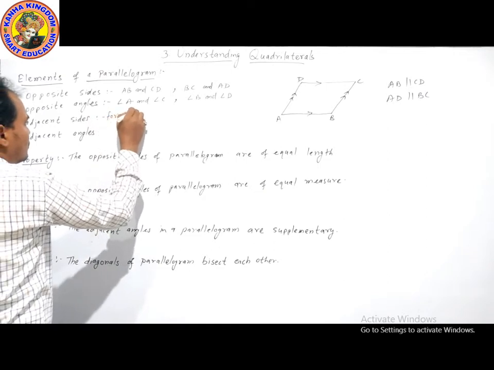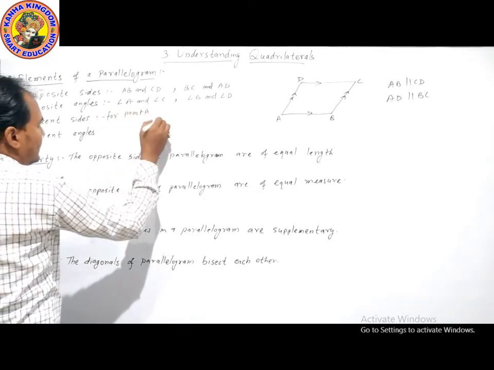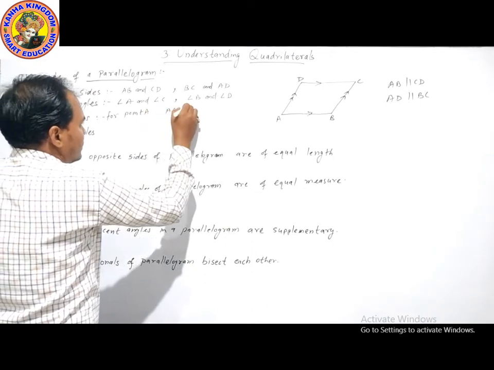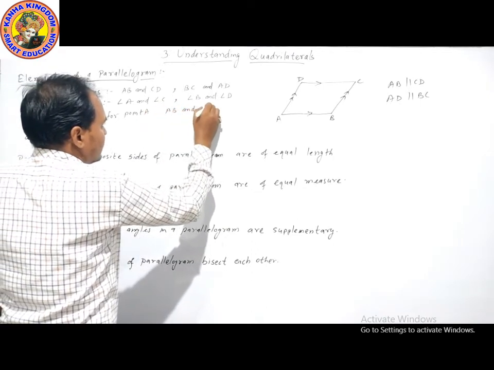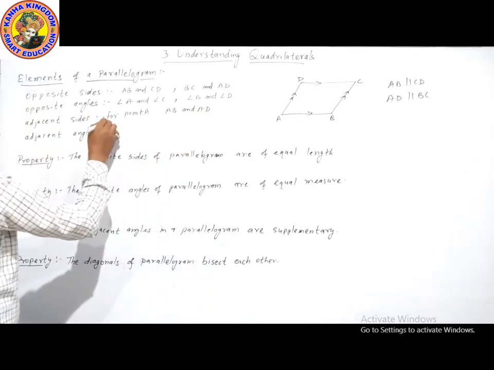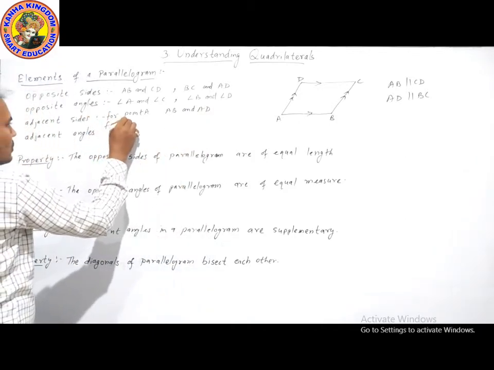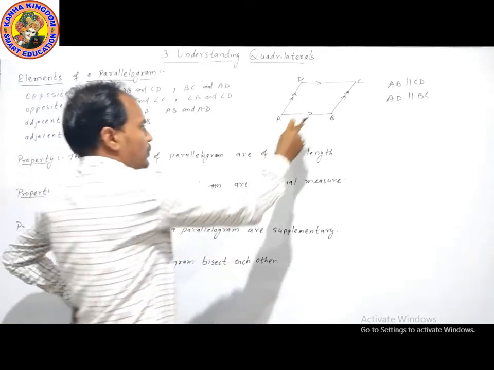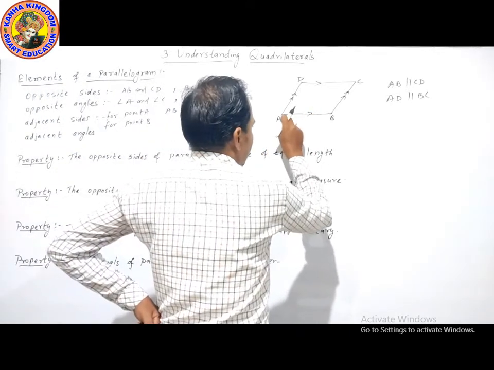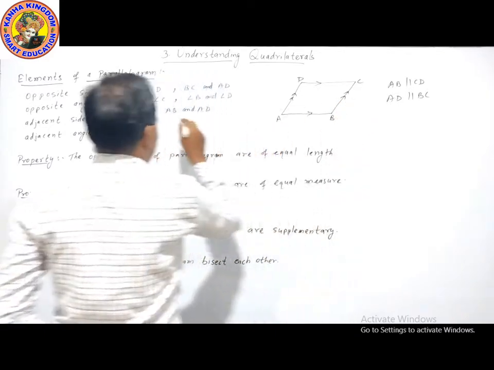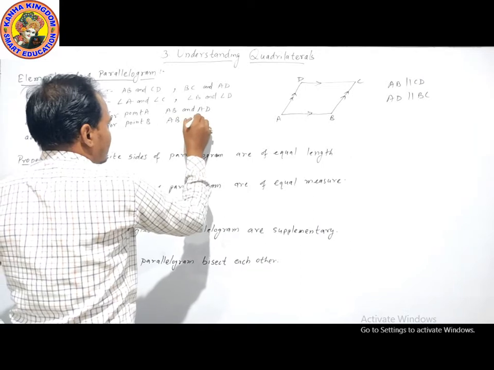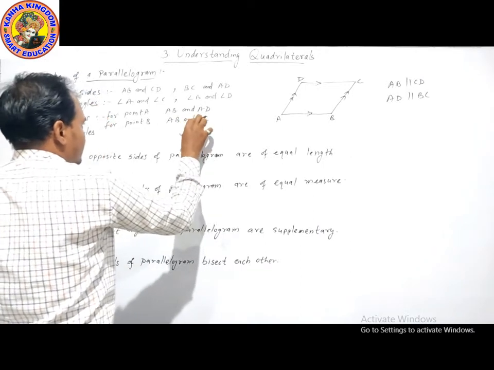For point A, AB and AD. For point B, adjacent sides are AB and BC.